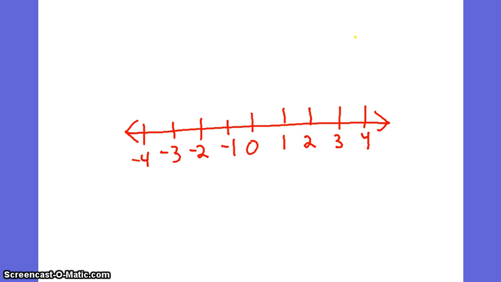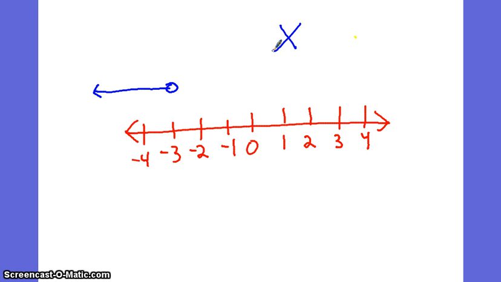This time I'm going to draw a graph and we're going to write an inequality. All right, we don't know what number we're talking about, so that's going to be x. X is going to represent that variable.